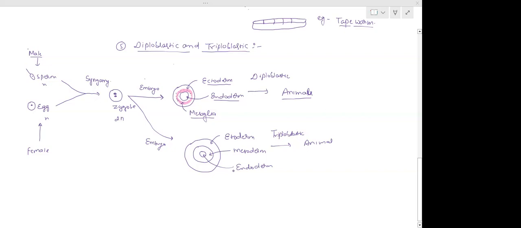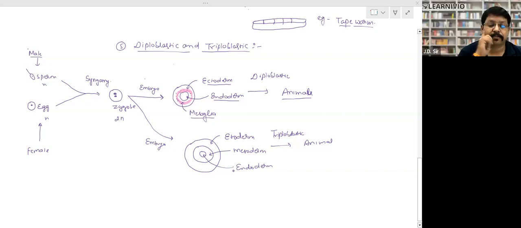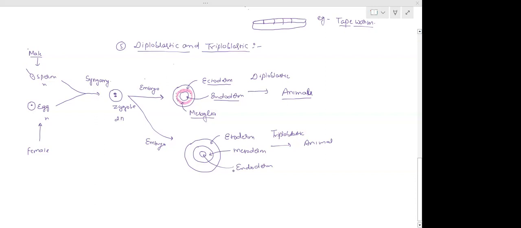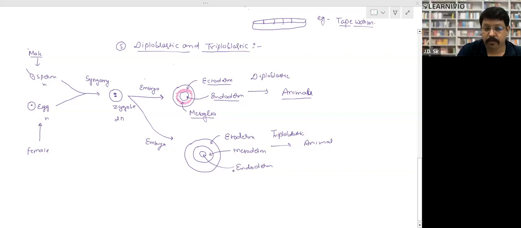Spelling of loose? Loose, loose. Loose cells are found. This is called mesoglia.